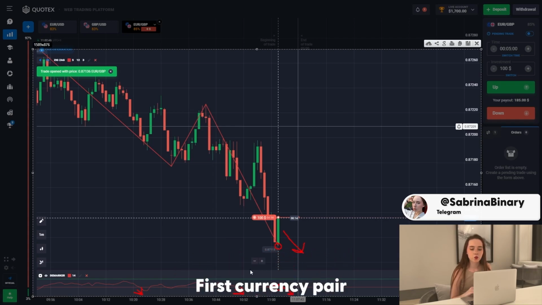Let me tell you more about the zigzag indicator and how to work with it. This indicator is a broken line that connects the local maximum and minimum on the price chart. Because the zigzag is built according to the most significant maximums, it's very convenient to use for analyzing the price chart.